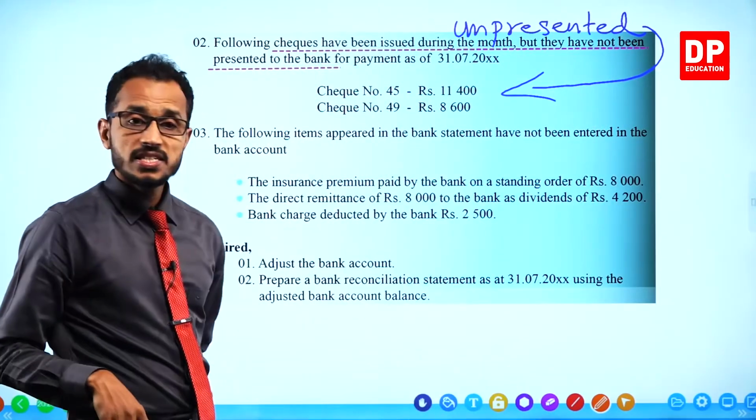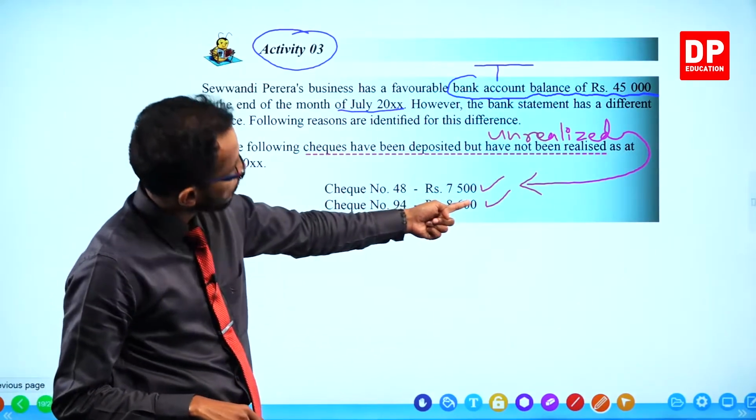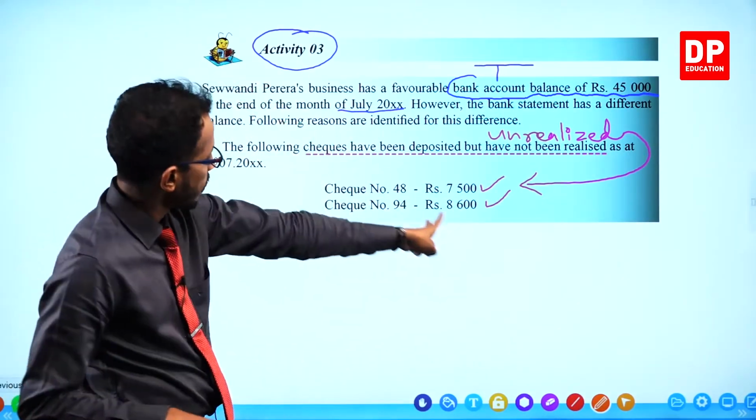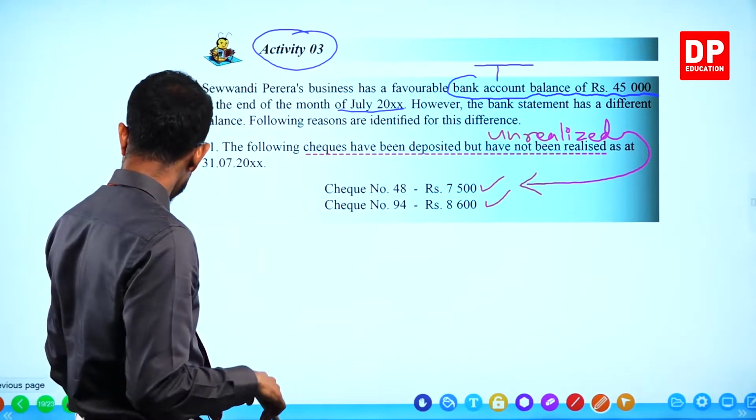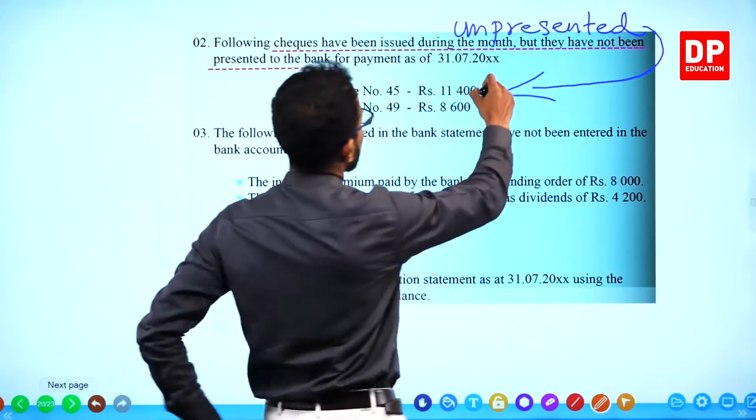We have two unpresented checks, children. Just like the two unrealized checks here, on the other page we have two unpresented checks.